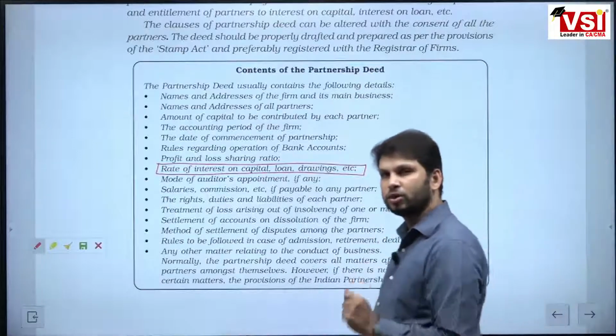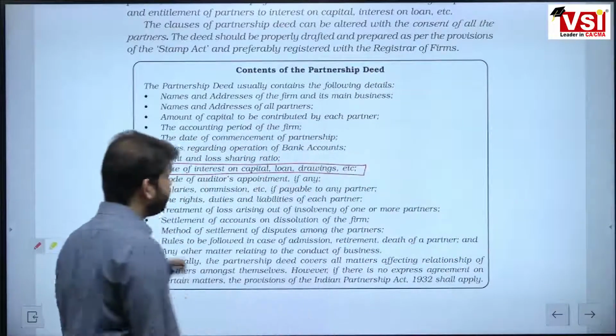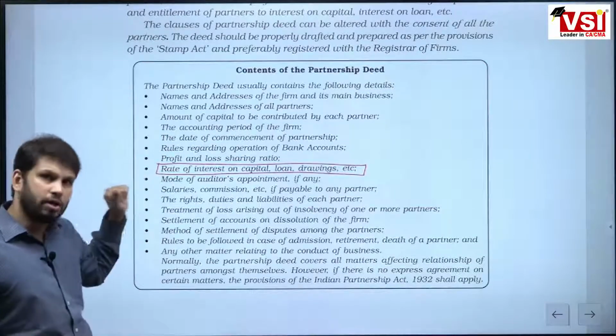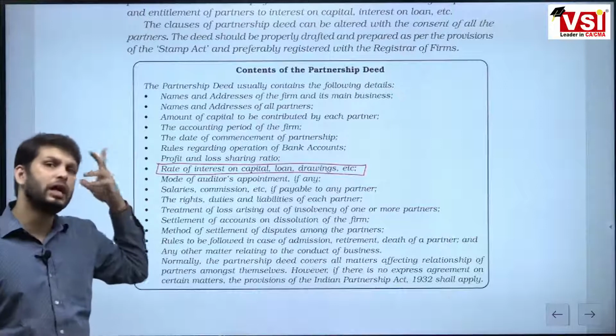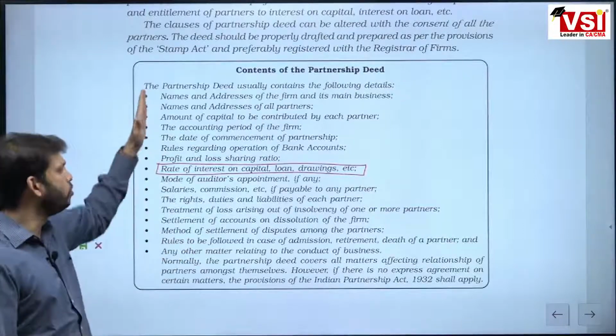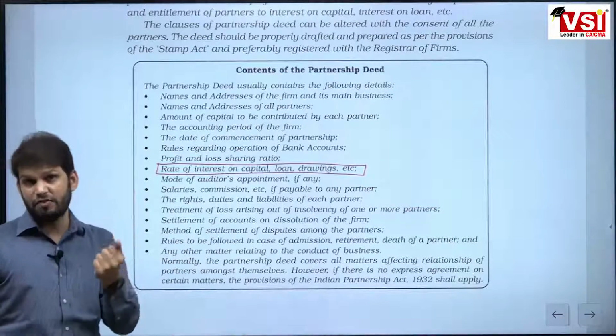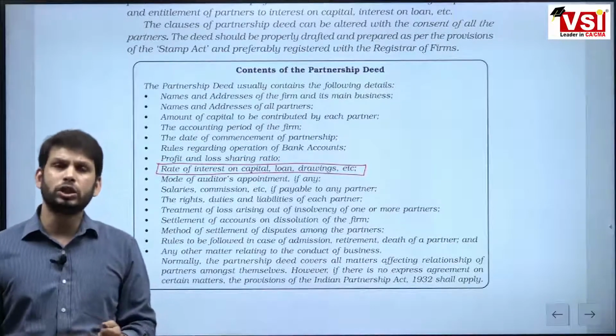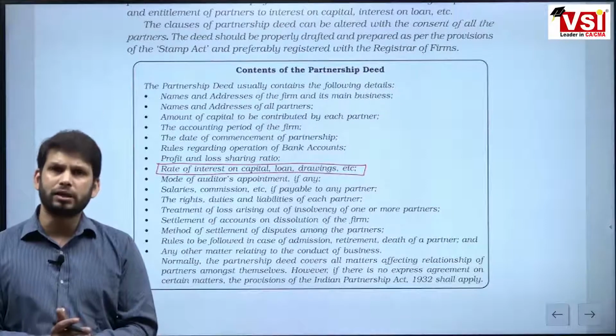Because of this, generally when we draw a partnership deed, we write about all these things, but it is not 100% that you have to write about them. If there is no partnership deed, first of all, can there be a situation where partners don't make a partnership deed?